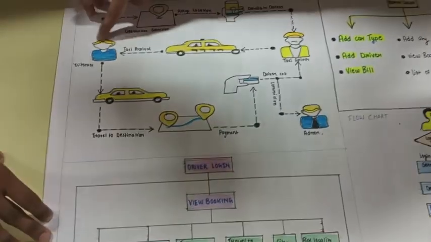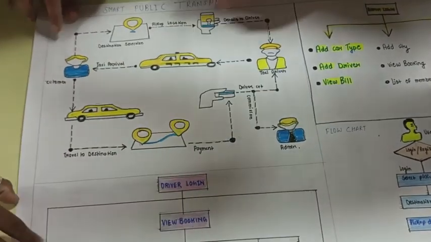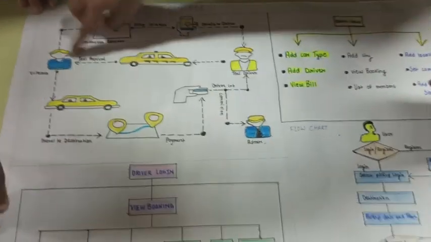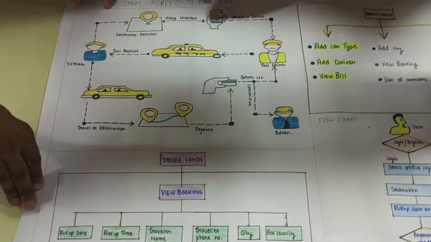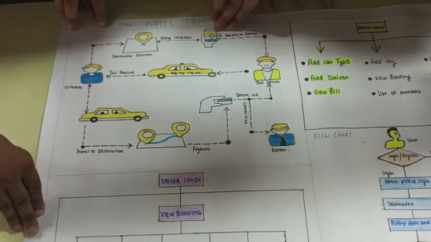Now you can see from the chart that first of all the customer signs up from the web page application, and after that selects the destination and pickup location, and all the details of the driver are sent to the customer.